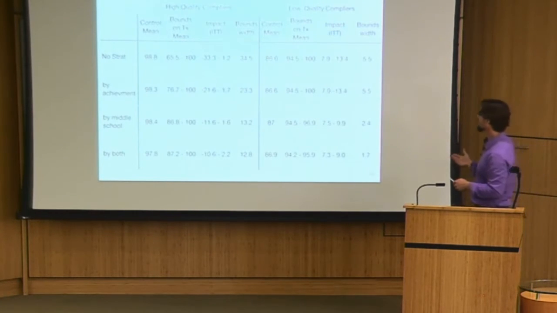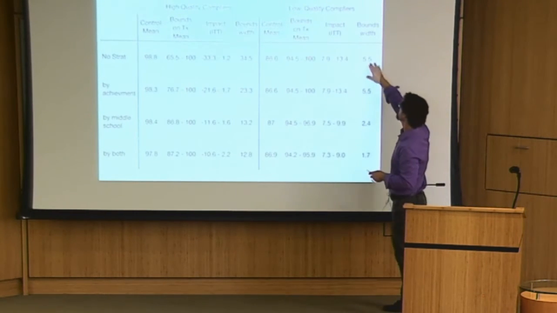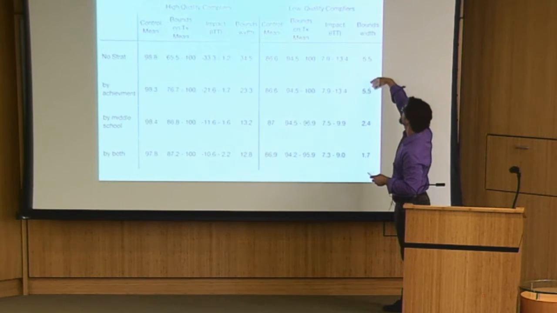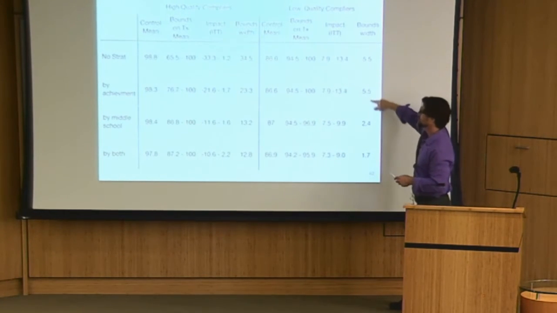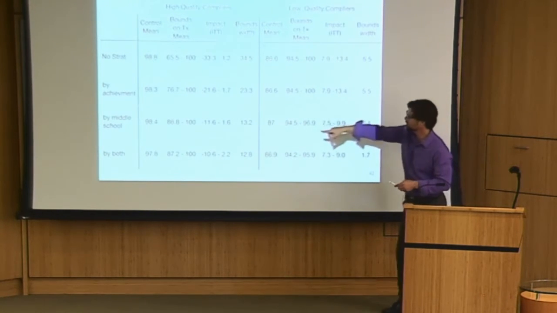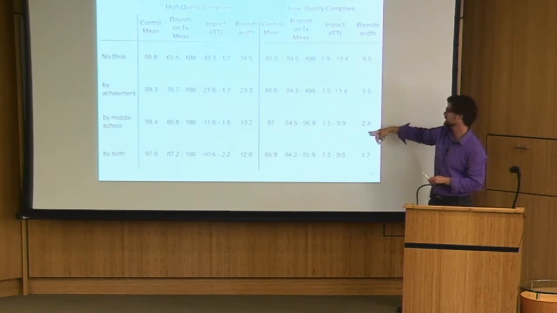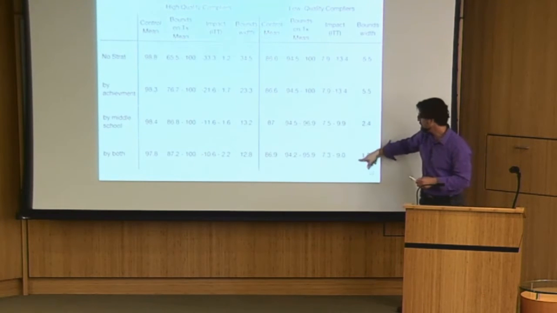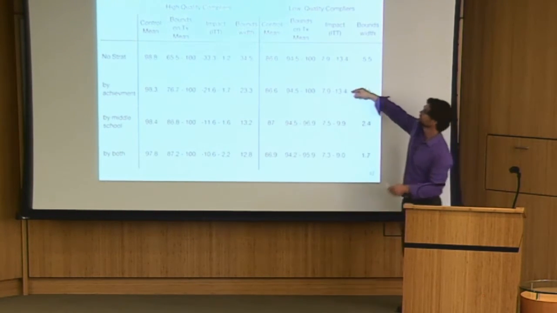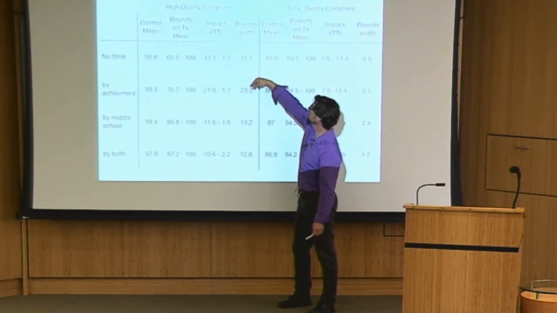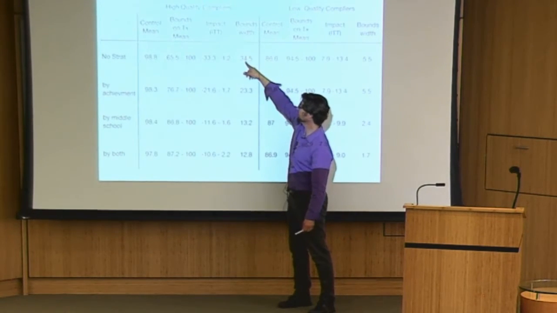On the actual data, with no stratification, our bound width for the low quality compliers was about 6 percentage points. But when we did by middle school, when we were predicting low versus high quality complier, it dropped to 2, and when we did both, it went to 1.7. Here, the prognostic score didn't help much. On the high quality complier side, we had a 34 percentage point width.